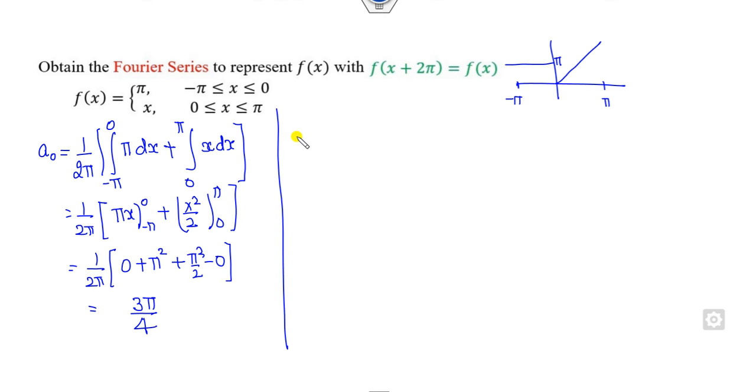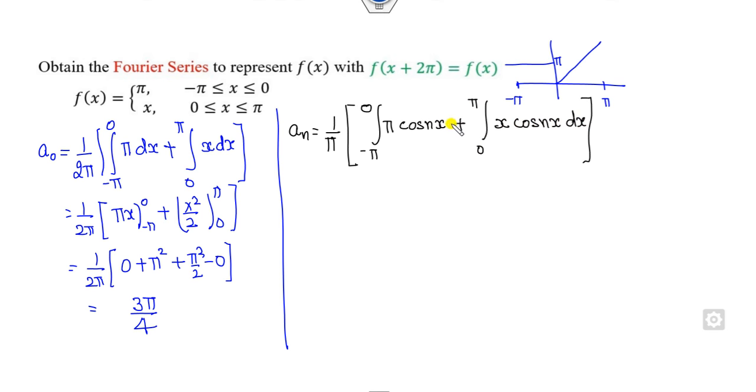Now I need to compute the an. It is 1 over pi. First limit is from minus pi to pi, pi of cos nx, plus from 0 to pi, x cos nx dx. Fine. So it is 1 over pi. So this pi is a constant which is outside. Integration of the cos will be sin nx over n, from minus pi to 0. Again you can do it this way also.